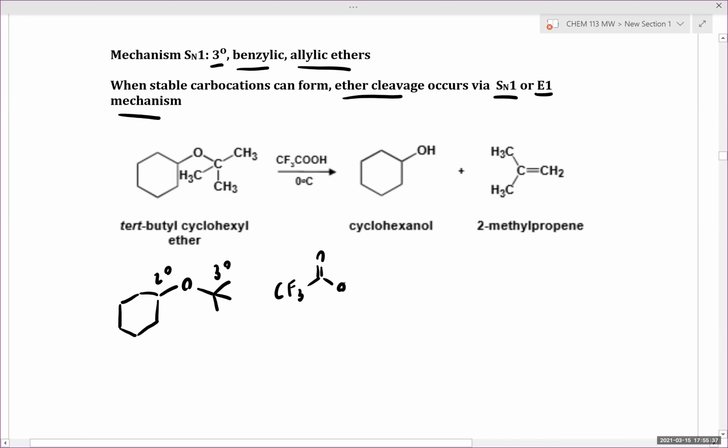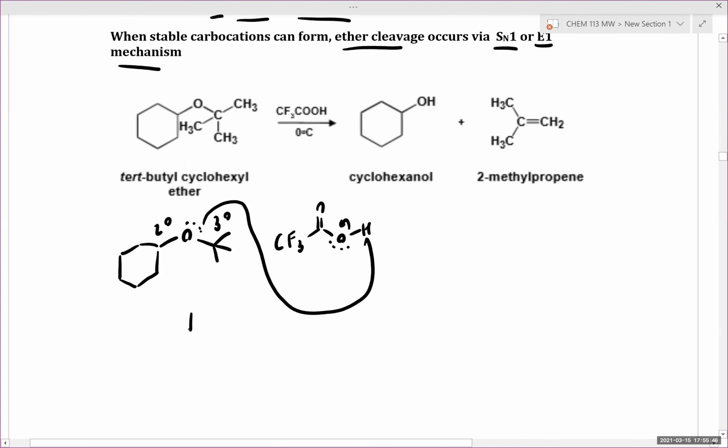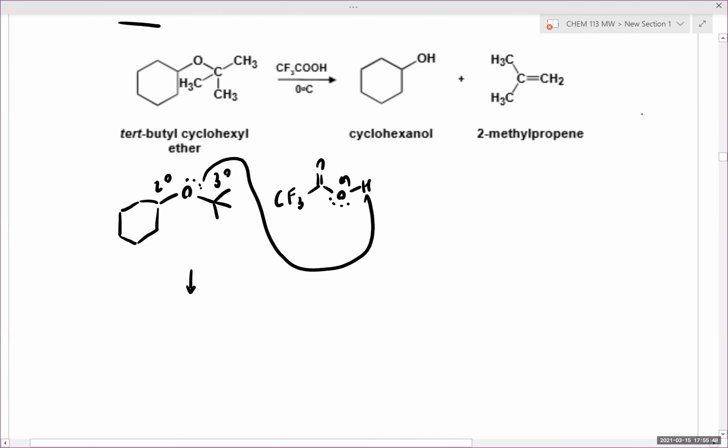As our first step, we're going to protonate our ether. That in turn generates an activated leaving group.